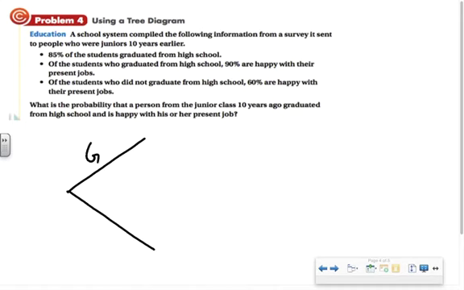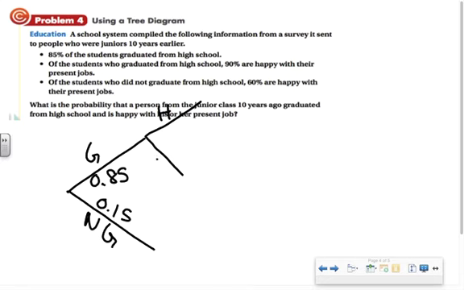So if they graduated, they're over here, and if they didn't graduate, they're over here, and 85% of the students graduated from high school. So this is 0.85, which means that the students that didn't graduate high school account for 0.15. But then each of those branches further splits into: are they happy with their job or not happy with their job?